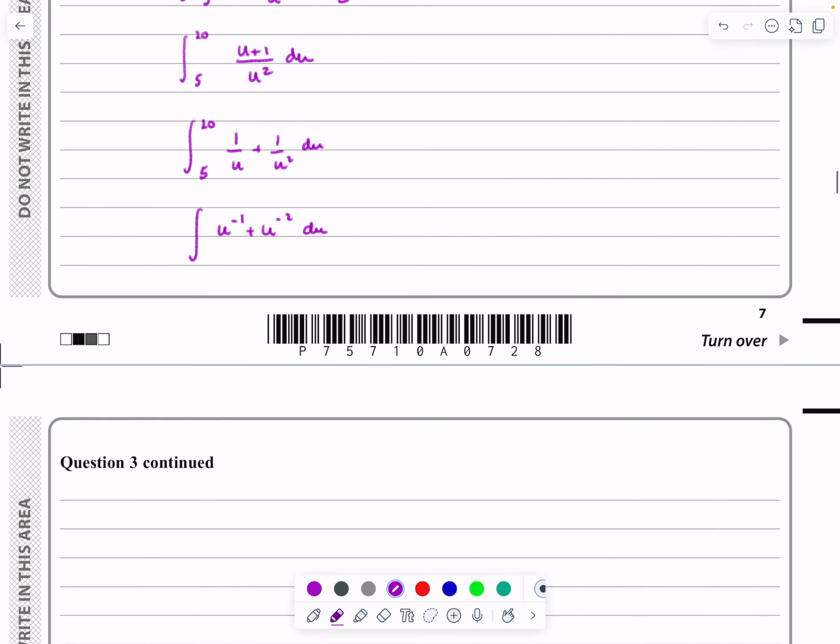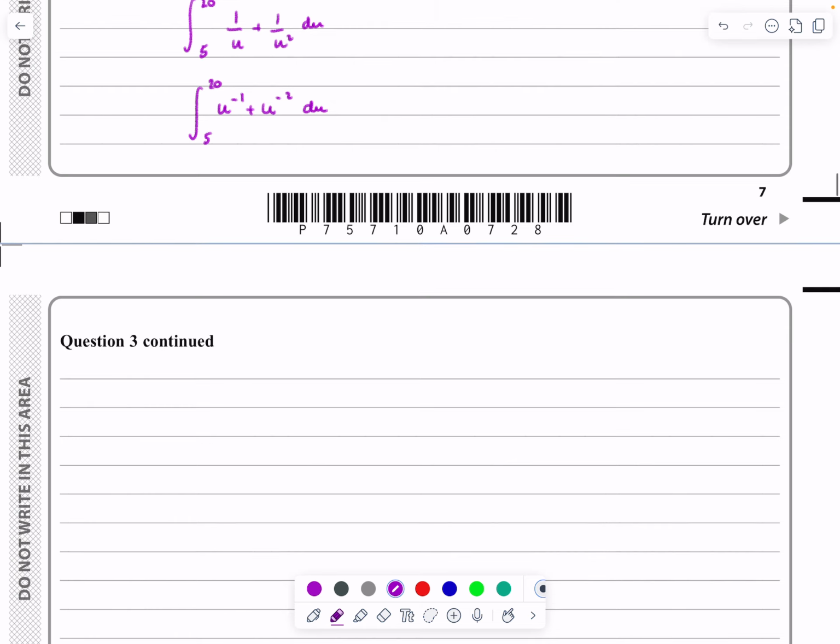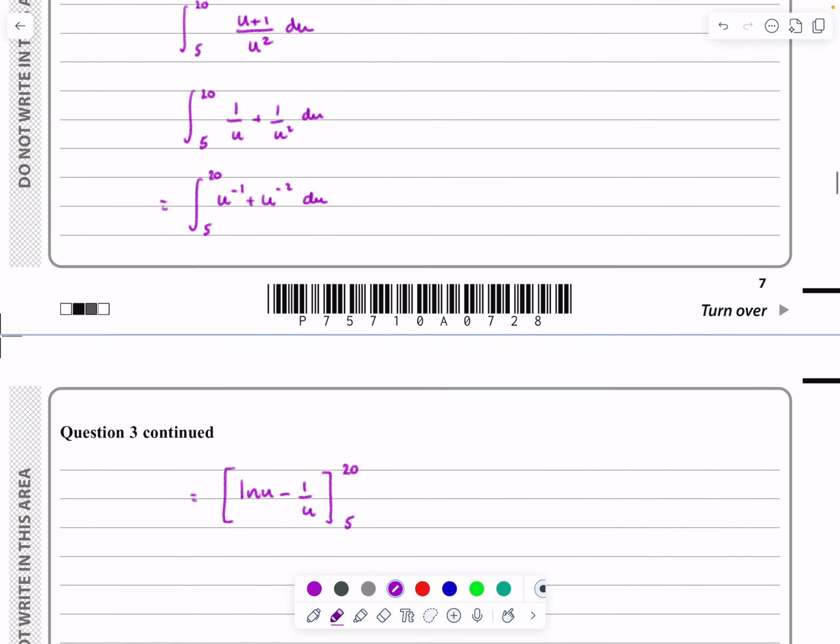So the integral between 20 and 5 of 1 over u is log u, and the integral of u to the minus 2, add 1 onto the power, divide by the new power, comes out to be that. So we've got that between 20 and 5.